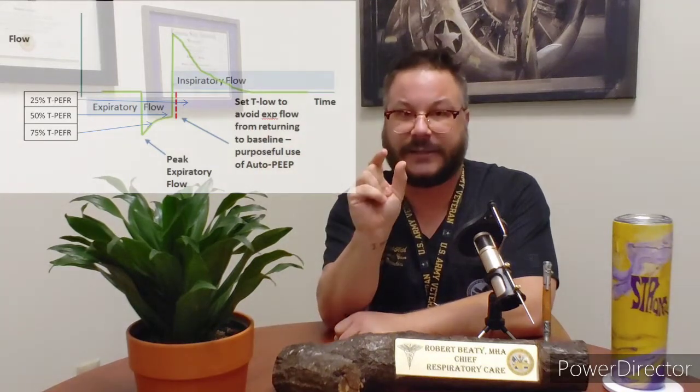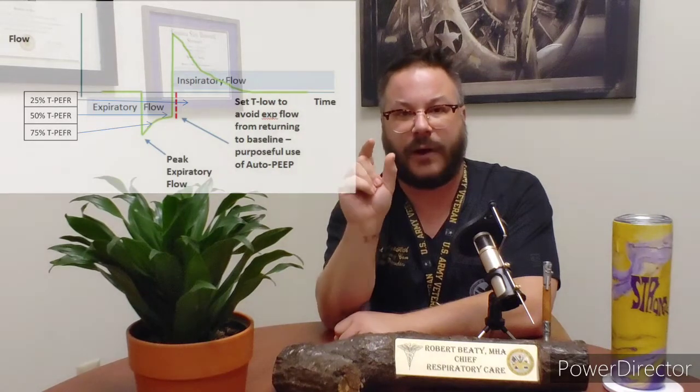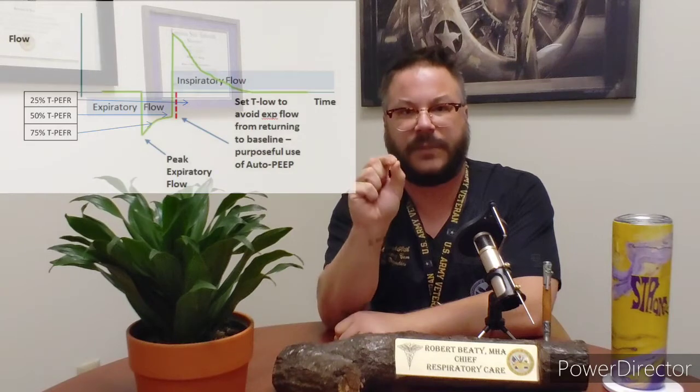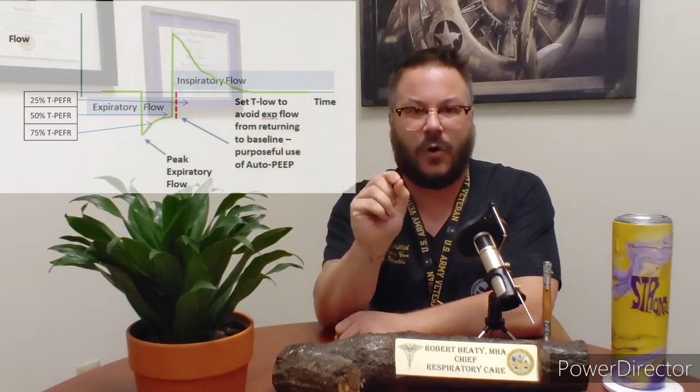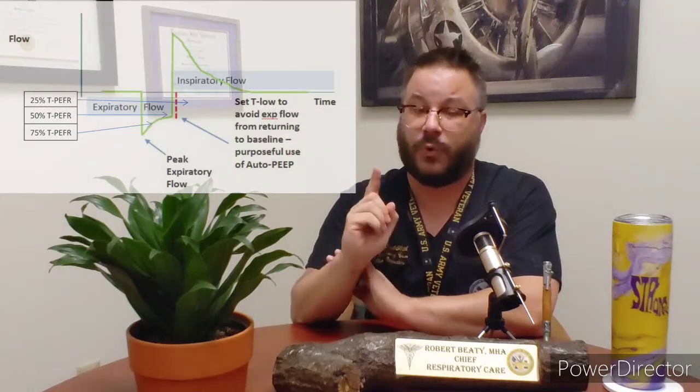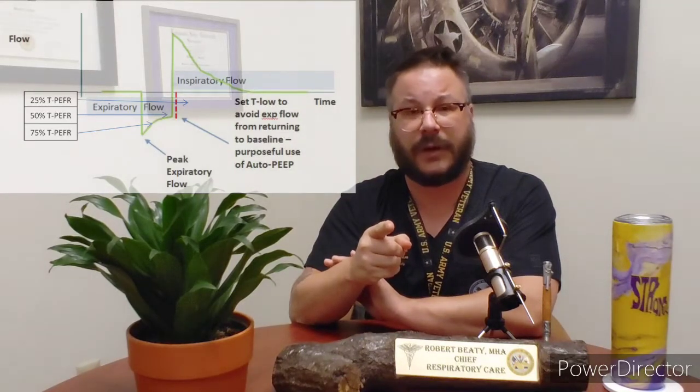We have a very short amount of time for that exhalation to take place, and we don't want to impede that with a PEEP pressure or CPAP pressure. We're going to get all of the PEEP that we need to maintain open lung strategy by setting a very short expiratory time. 0.5 to 0.8 seconds for time low, 0 for pressure low.